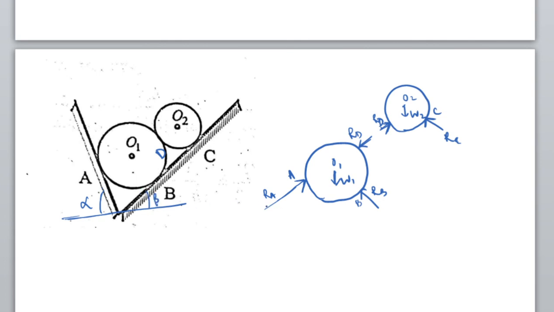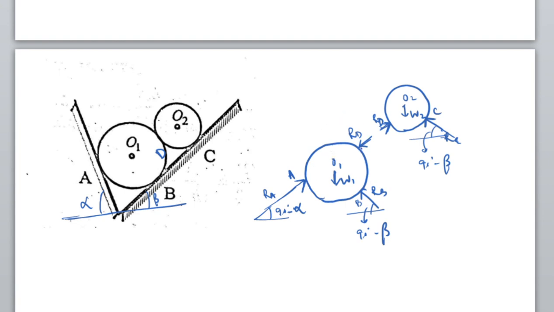So this angle will be 90 degree minus alpha. This angle will be 90 degree minus beta. Similarly, this angle will be 90 degree minus beta, as it is on the same plane.